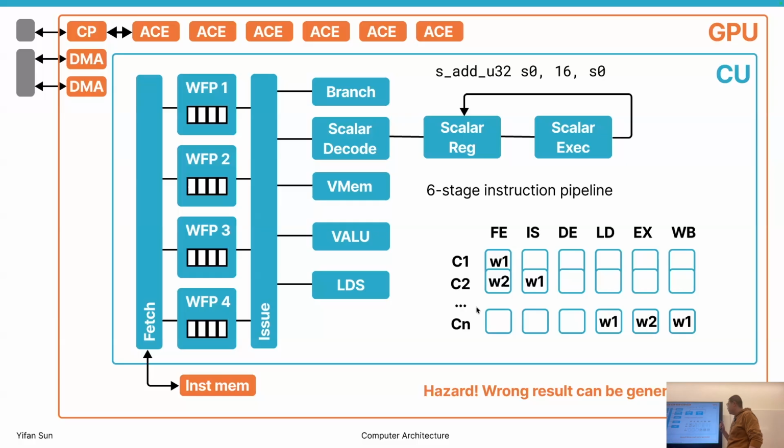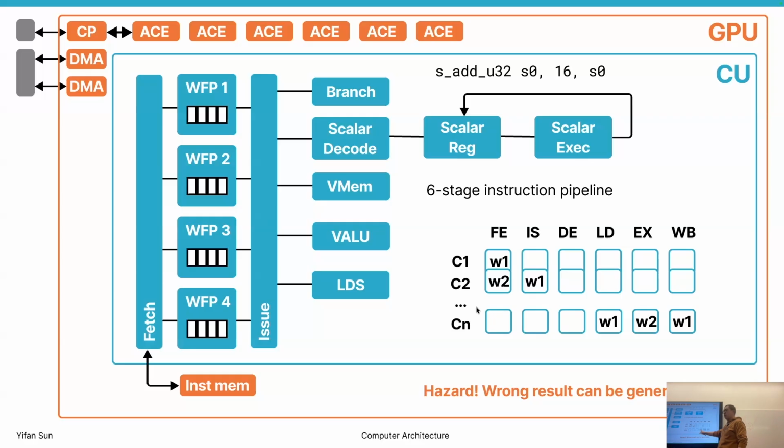So there's a minor problem there. If you consider without the rule that says one wavefront can only have 1 instruction in flight, what will happen here? Let's say write back, right? We're writing the result back, but our register still has the old value at this moment. Then we try to load from there. We try to use the data from there.